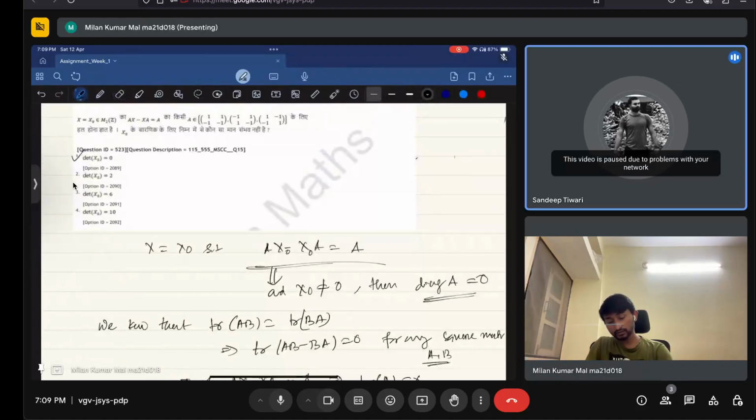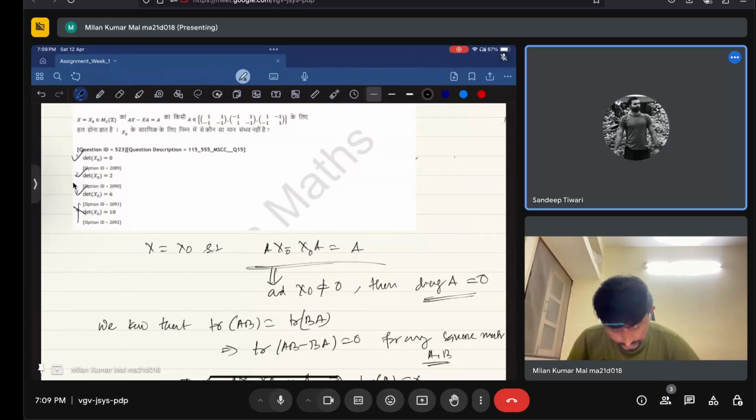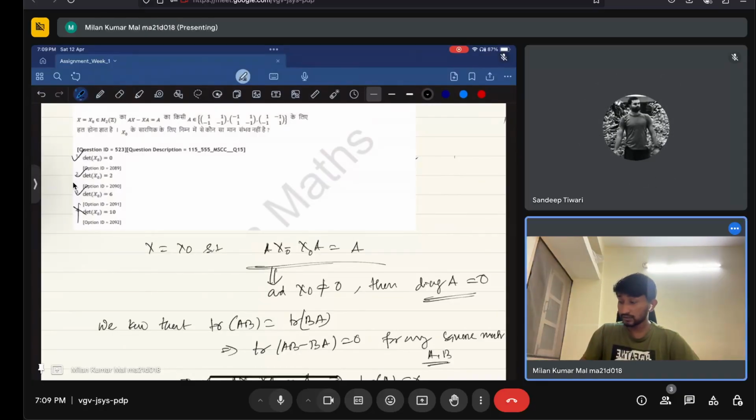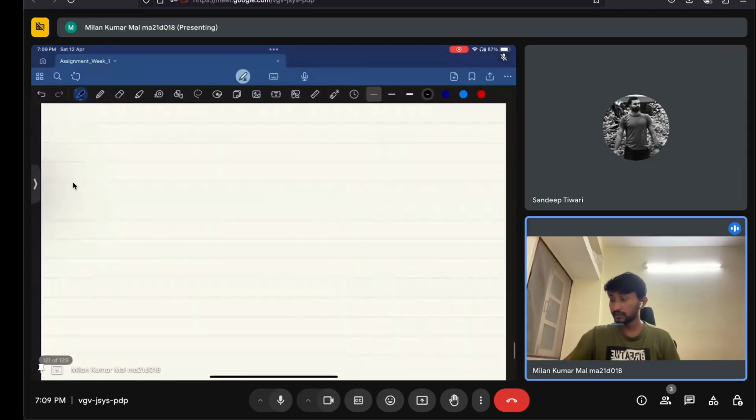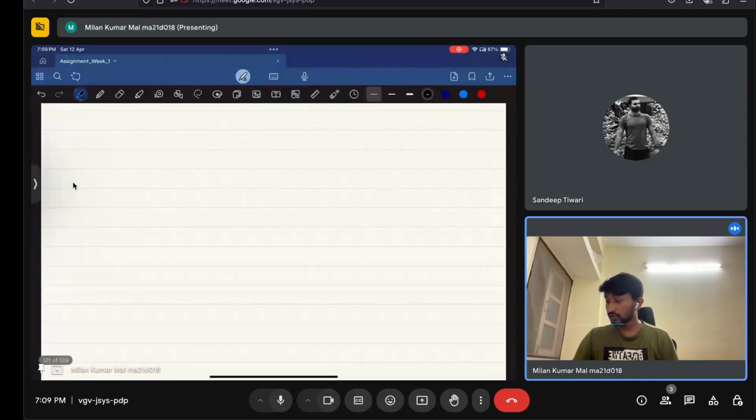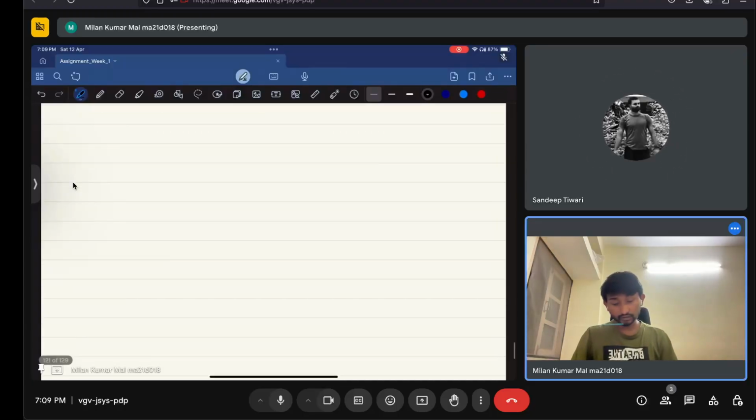I was thinking about whether there is any simpler solution. I think this is a simpler solution, but the fact is that I have made some wrong steps, and after that we have done whatever.